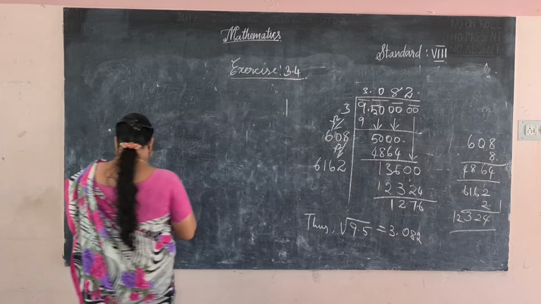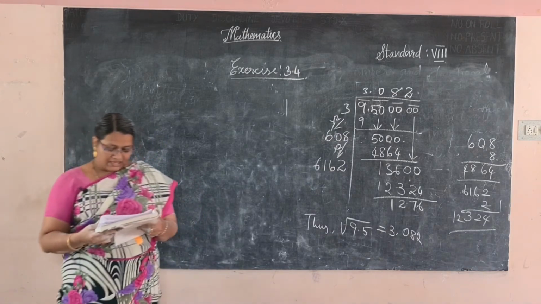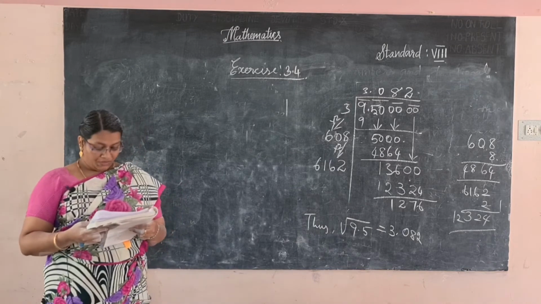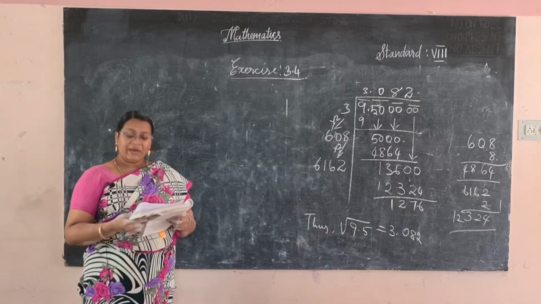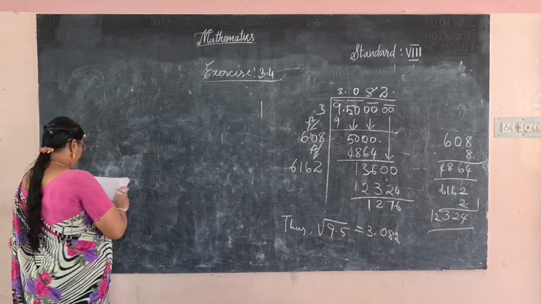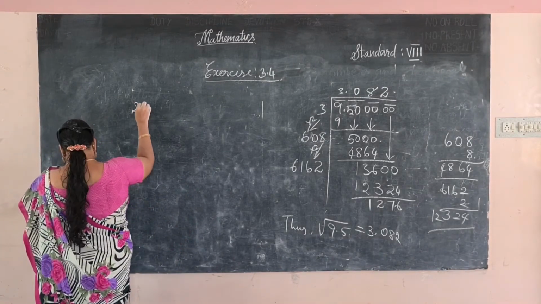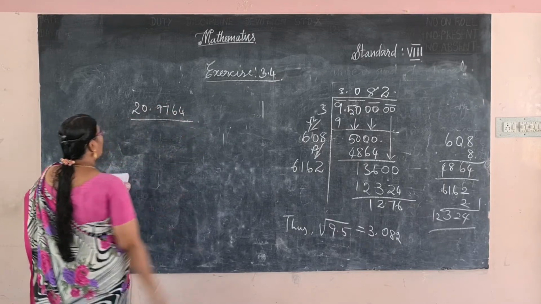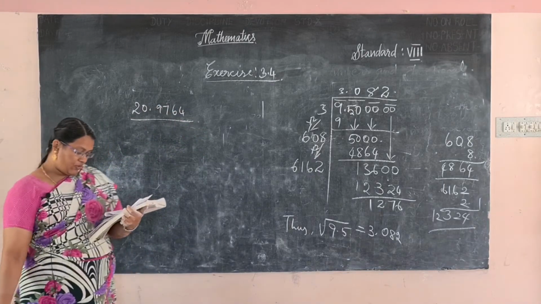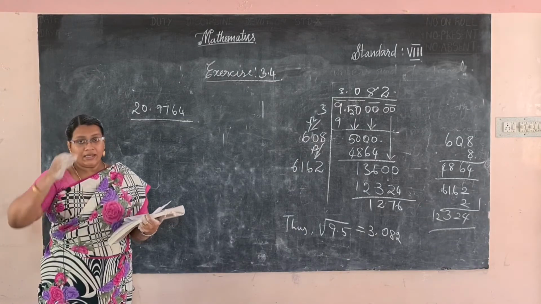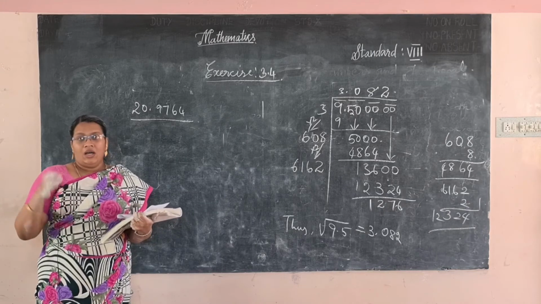The fourth one: a number multiplied by itself gives the product 20.9764. Find the number. Any number multiplied by itself, which concept do we have to understand?